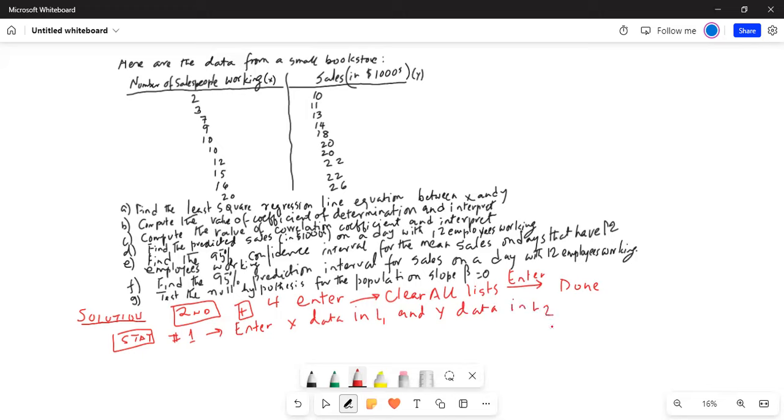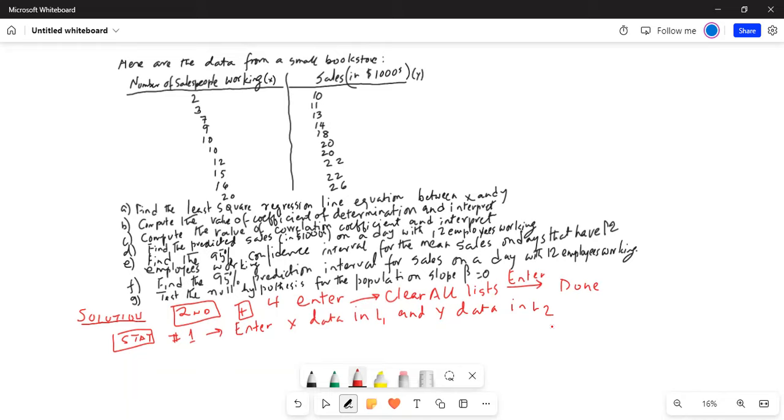So L1 is 2, then 3, then 7, then 9, then 10, then again 10, then 12, then 15, 16, and 20.